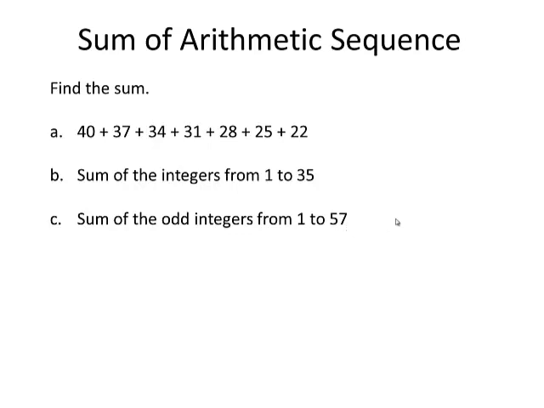So that's actually 57 divided by 2, which is 28.5. And because the first one is odd and the last one is odd, you have to round up. So that'll be 29 pairs of numbers. 29 divided by 2. Okay.